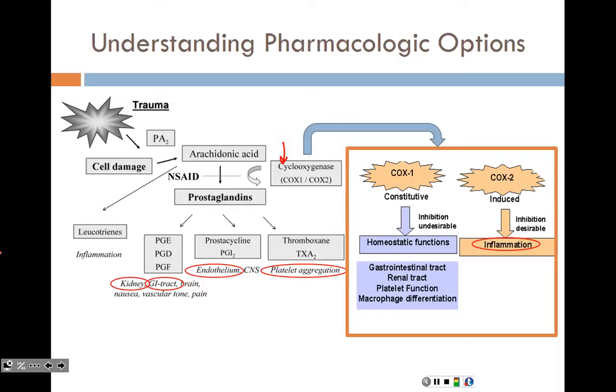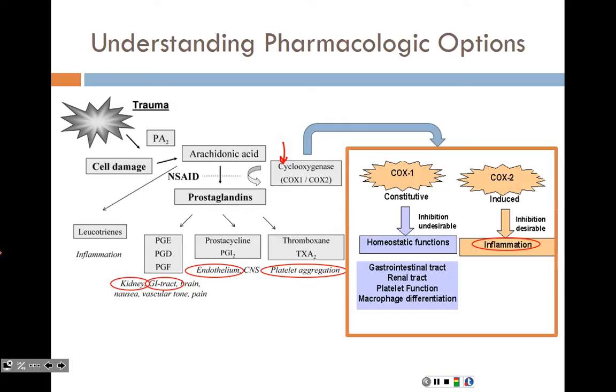In the kidney, it's going to help maintain normal GFR, or glomerular filtration rate. It's going to work on platelets, which is basically what causes clotting. So if you have an open wound, it's what causes it to stop bleeding, platelet aggregation. And then it works on your macrophages as well.